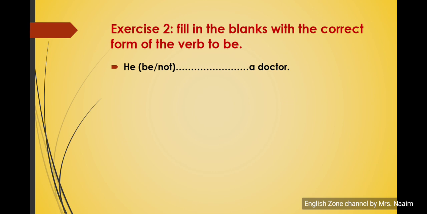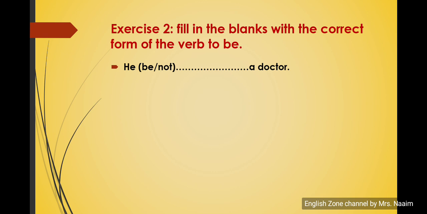Good job. Here we are talking about the negative form. Why? Because between brackets we have not. So here we are talking about the negative form. هنا نتحدث عن صيغة النفي. لماذا؟ لأننا نرى بين القوسين لدينا not. صيغة النفي not. So he and with he, what do we use? Normally speaking, what do we use with he? If we want to conjugate the verb to be in the simple present with the subject pronoun he, what is the appropriate form?